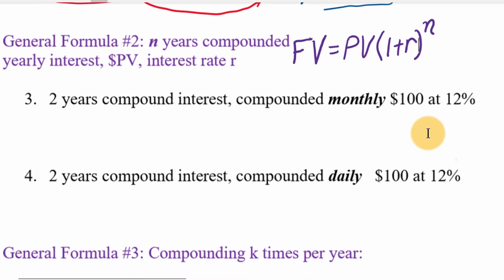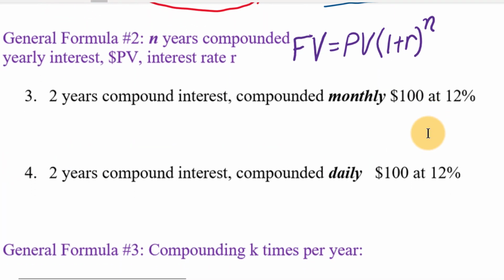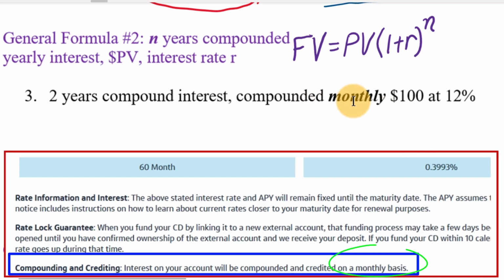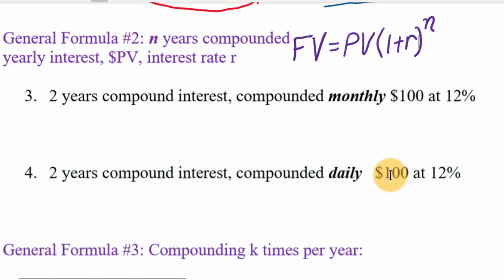The next step in our journey is not all things are compounded just once per year. Sometimes you'll put money in a bank account and it'll be compounded monthly or sometimes even daily. So here's how to think about what's going on there. The first step is to calculate what would the monthly interest rate be.